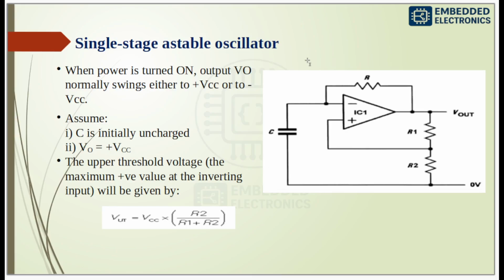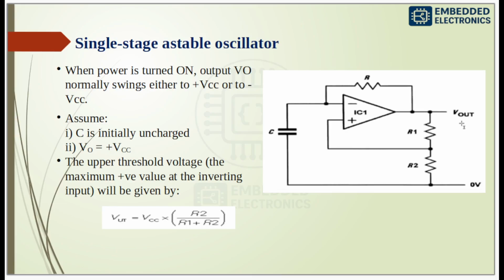So the capacitor C, here you can see, charges and discharges through resistor R. While resistors R1 and R2 set a reference voltage at the non-inverting input, the op-amp continuously switches its output between high and low as the capacitor voltage crosses the reference, providing a continuous square wave at Vout.